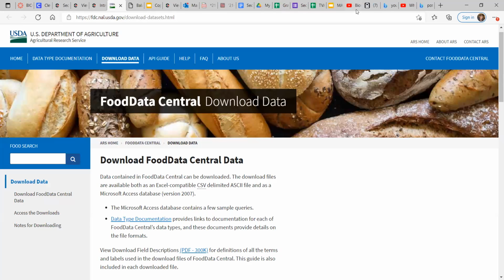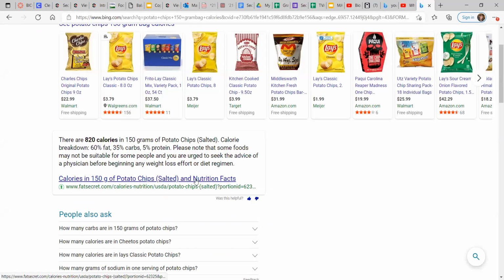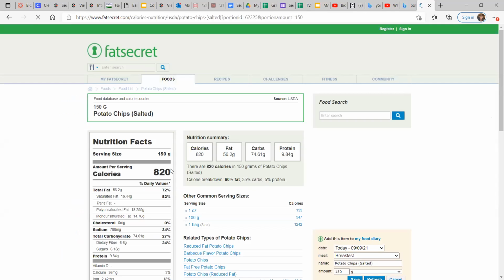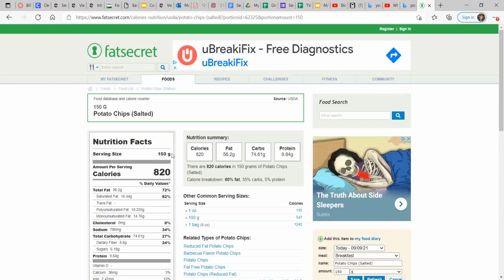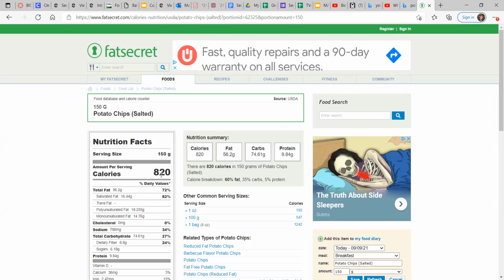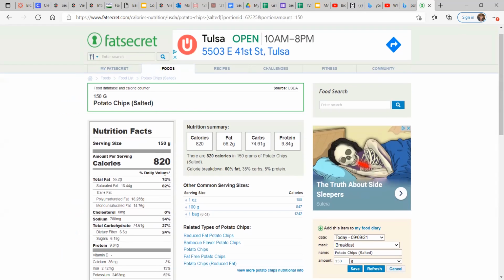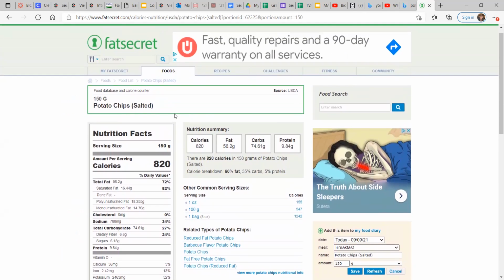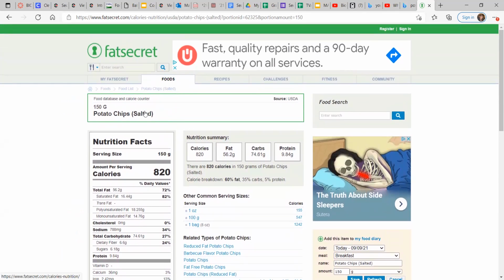Okay, so depending on where you look, you might get different answers. So for this potato chip, it says one bag of 150 grams of potato chips is 820 calories. That's a little more than the example one we got.